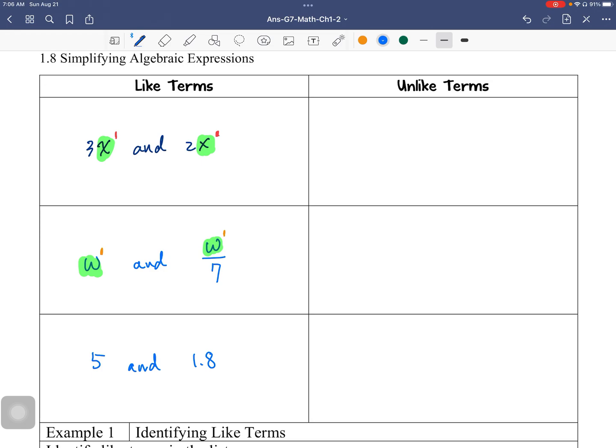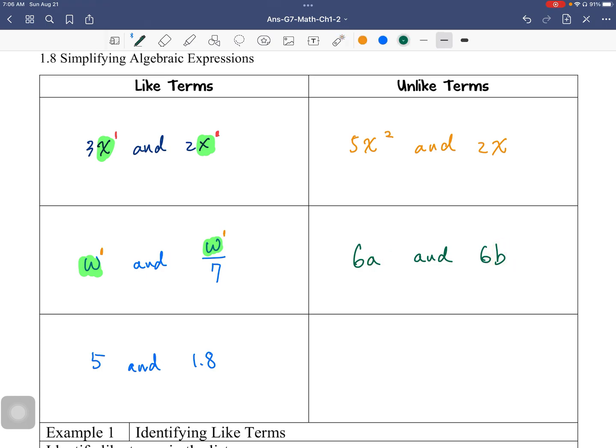So what are the unlike terms? Unlike terms are 5x squared and 2x. Although they have the same variable, they are raised to different powers: this is 2, this is 1. Then 6a and 6b have different variables.